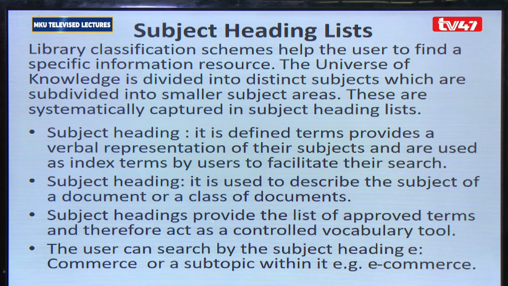Dewey Decimal classification divides the universe of knowledge into 10 different subjects. And those 10 can be subdivided into smaller subject areas. So all these are systematically captured in subject heading lists.